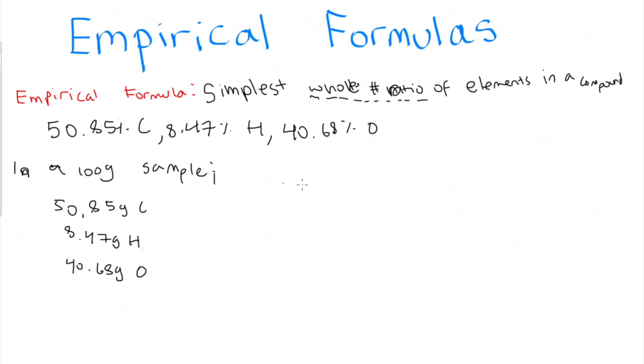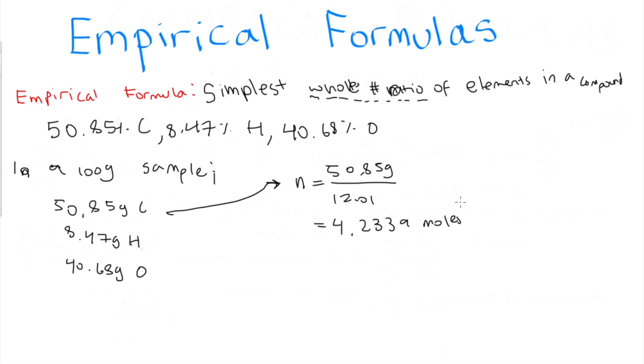Alright, so now what do we do? Again, we divide them all by their molar masses. In carbon's case, the number of moles is equal to 50.85 grams over a molar mass of 12.01. And that gives us 4.2339 moles, or we can just simplify this to about 4.23 moles of carbon.